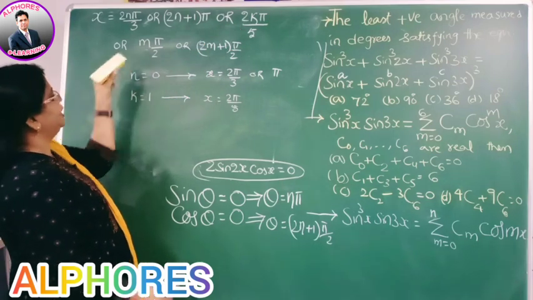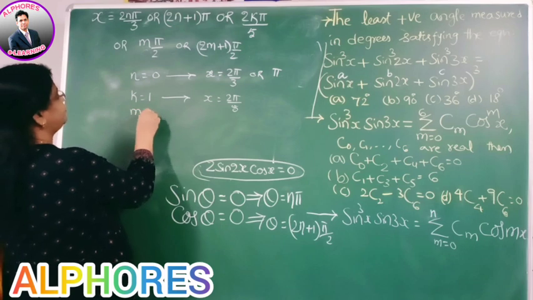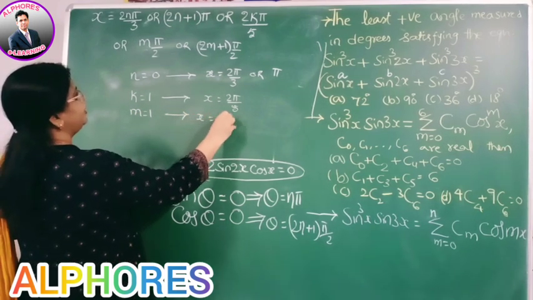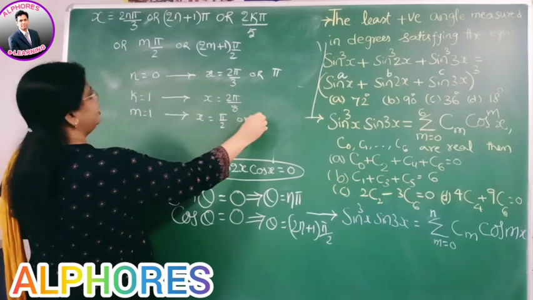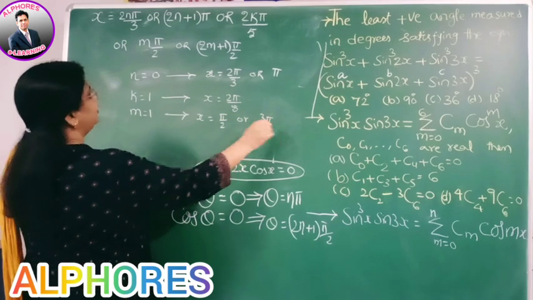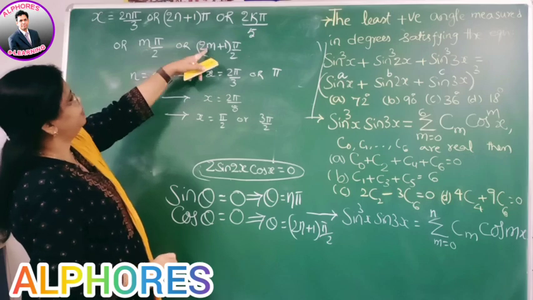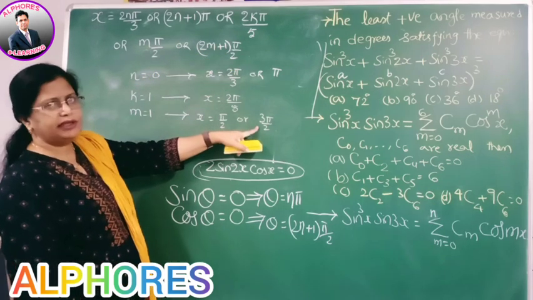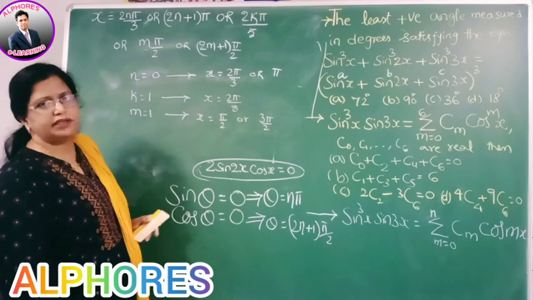And next m equal to suppose 1. Then what about the value? x is equal to π by 2 or x equal to 3π by 2. Okay. If you write this value as 2n minus 1, then also no error, but you will get π by 2, which is the same as this one.